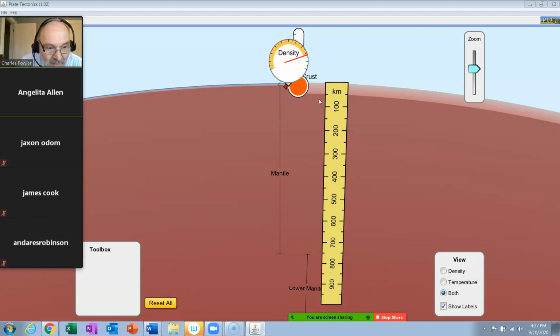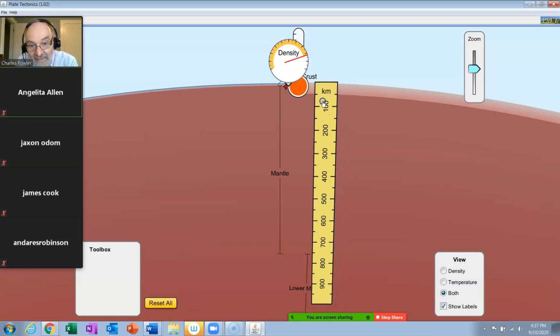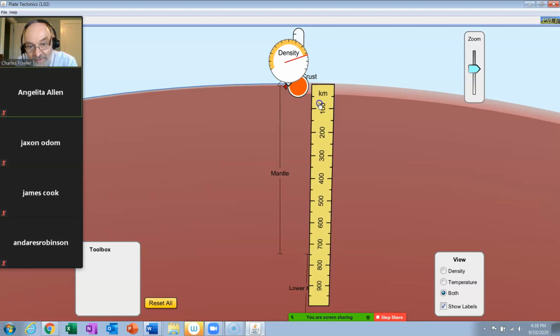What is the distance from the surface to this boundary? Okay, surface to the boundary. So I'm going to take my ruler here, click on it, and go from the surface. I'm going to do the surface being the continental crust here, because it's sort of handy right there. Okay, I'm pretty close to it right there. How many kilometers? 100 kilometers, 200, 300, 400, 500, 600, 700, 800, oh wait, no, 750 kilometers? 750 kilometers.